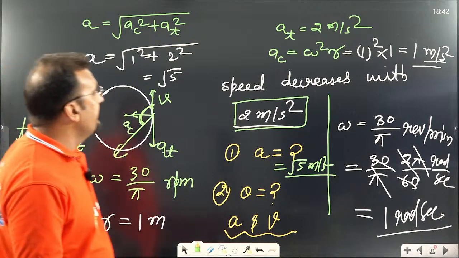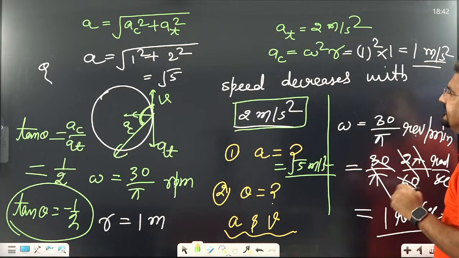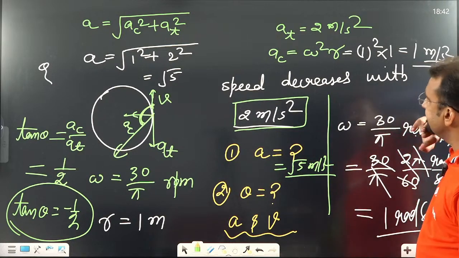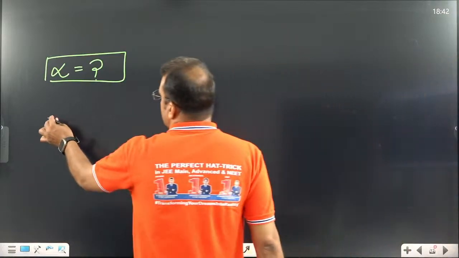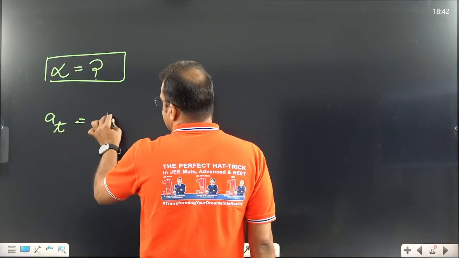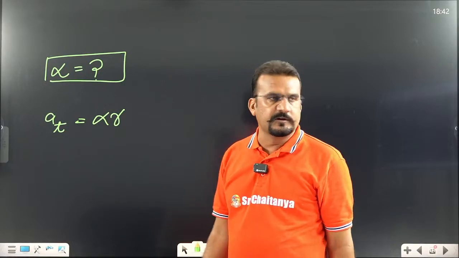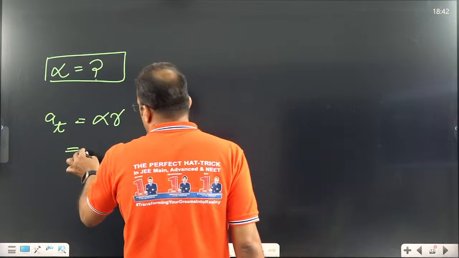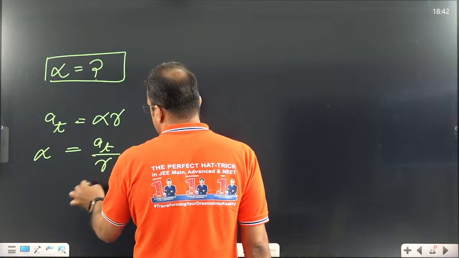Yes, whenever I told you to calculate AT, there is a relation between AT and alpha. Tangential acceleration is equal to alpha into r. In vector form, this is alpha cross r, the cross product. In this one we have to calculate alpha equal to AT divided by r.